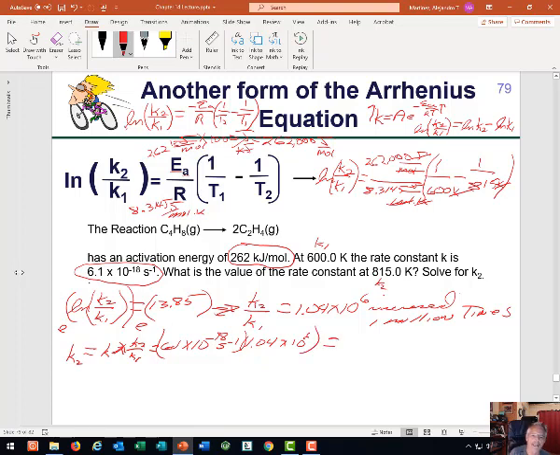When I do that, I get 6.3 times 10 to the minus 12 per second. And that is my value for K2, which was what was asked for in the problem.